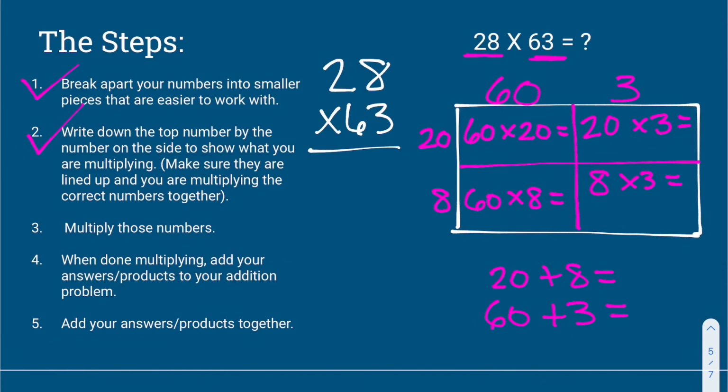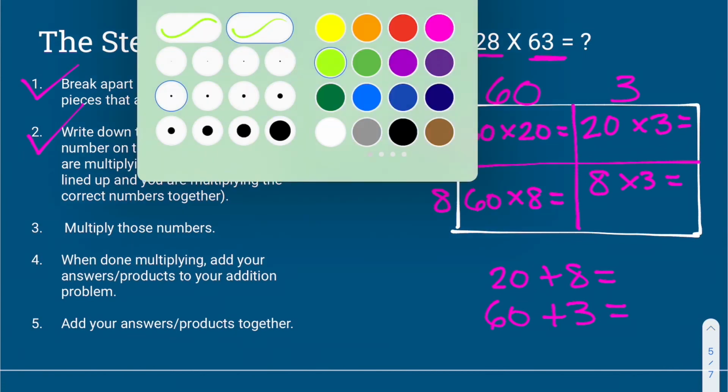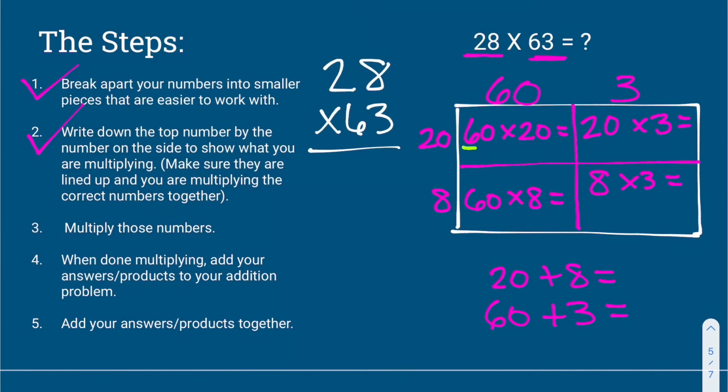Now let's go down to step 3 and 4. First, we have to multiply the numbers and then add them to our partial product. So, I'm going to start with the 60 times 20. And I know that 6 times 2 equals 12. And there are 2 zeros there, which tells me it's going to be 1,200 this time.